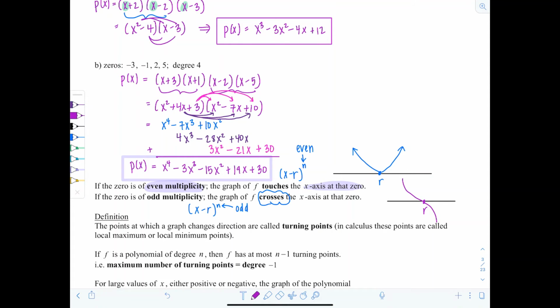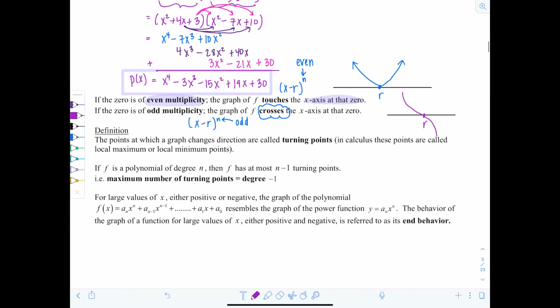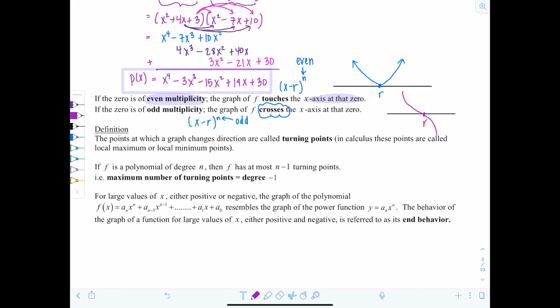Okay? Now, the points at which a graph changes direction are called turning points. And in calculus, these points are called local maximum or local minimum points. What does that look like? A turning point is where it switches from increasing to decreasing. We've talked about intervals of increase and decrease before, but let me show you here. So say you have a graph, maybe it's decreasing, then it switches to increasing, then it switches to decreasing again.